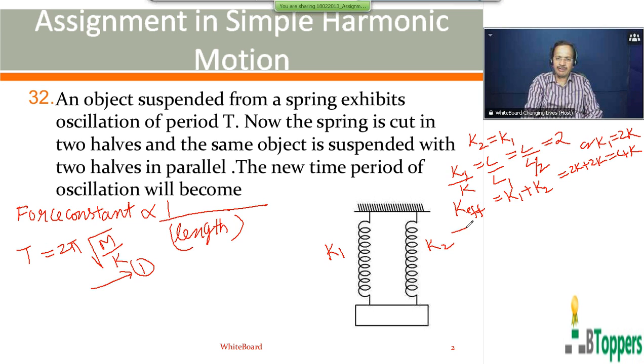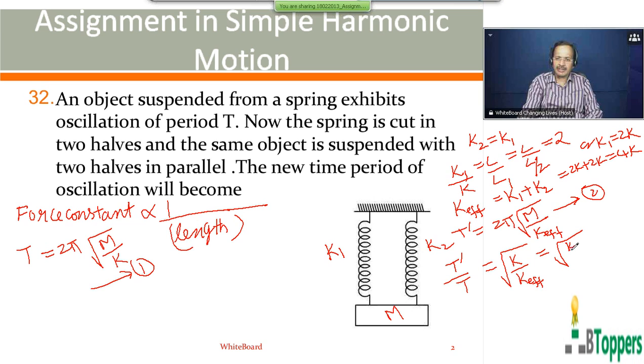So the new time period of oscillations I denote by T dash. That you can write as 2 pi root of m by K effective. So divide equation 2 by equation 1. T dash by T is equal to root of K by K effective, because mass m is a constant, the same in both the cases.